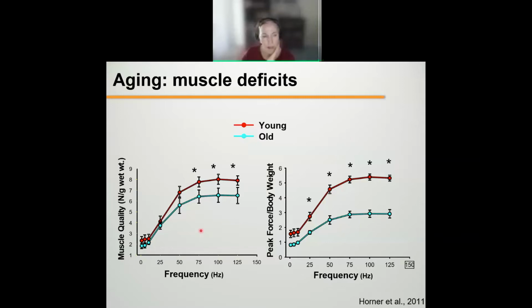This is not so surprising. But if we take it as a measure of muscle quality, that is force produced per muscle mass, we see that there's still this pretty large difference. So again, what this alludes to is that there is some other factor that is producing lower force in aged muscle that is not simply mass alone or cross-sectional area alone.